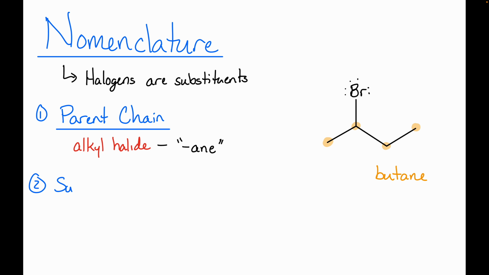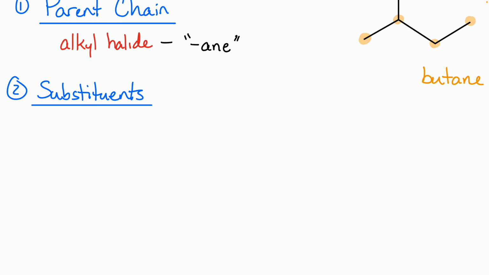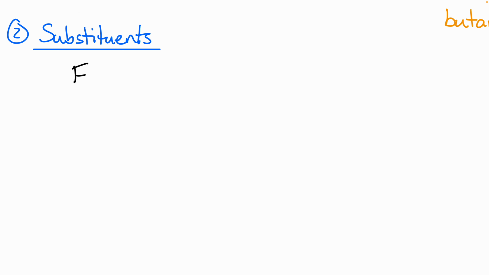All right, what's going to be unique here is that we treat those halogen groups as substituents. Our fluorines are considered fluoro substituents. Just be careful, it's a really easy spelling mistake. A lot of people try to give me fluoro as F-L-O-U.